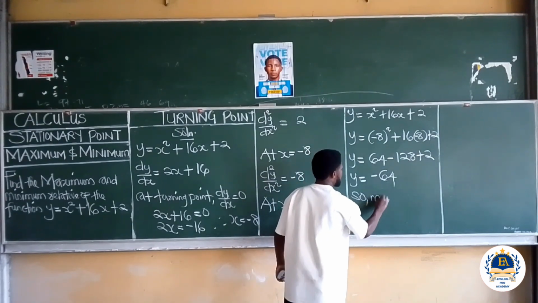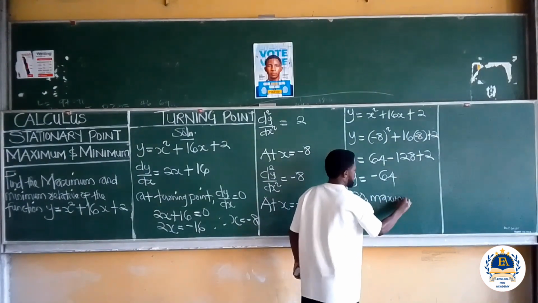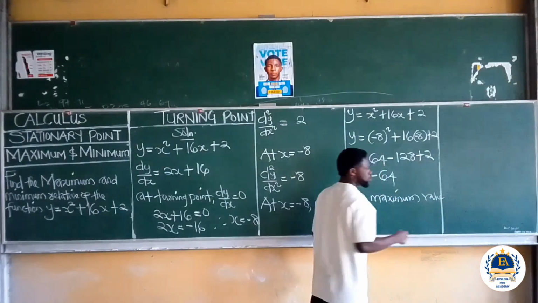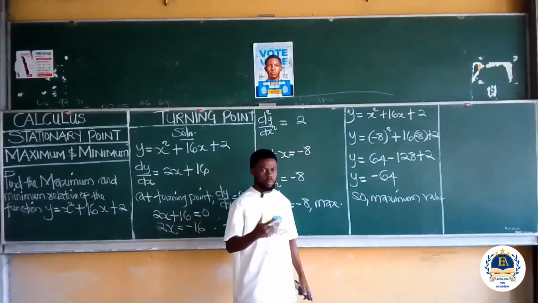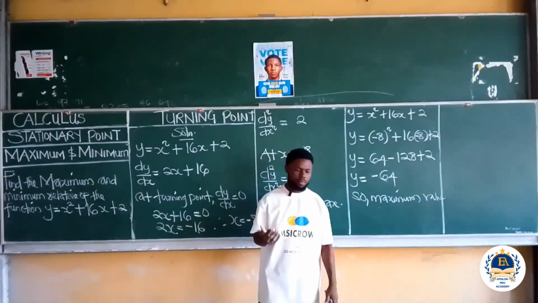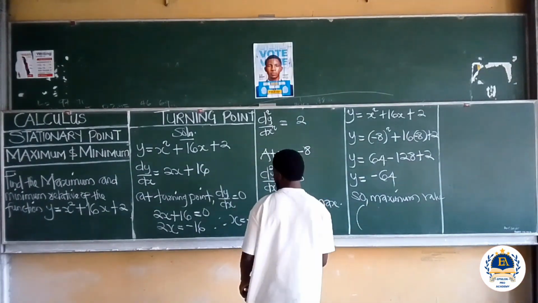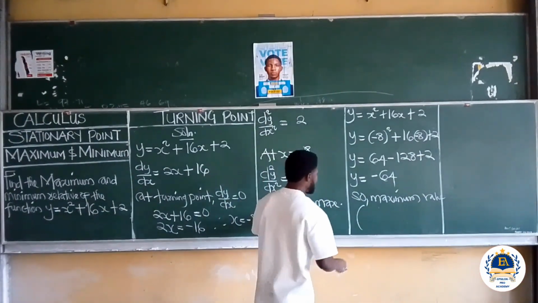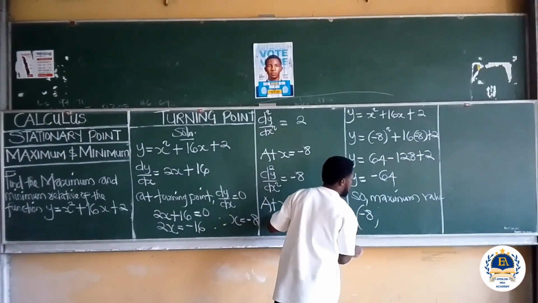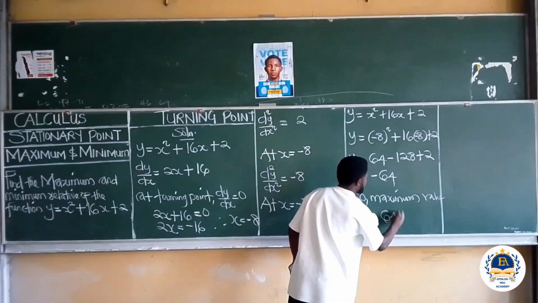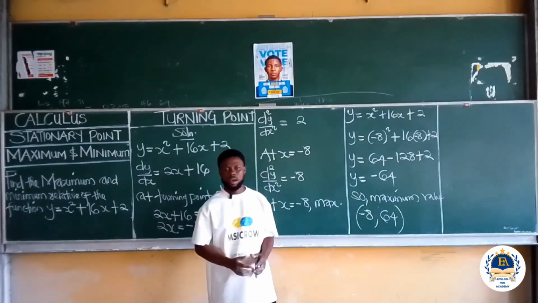So the maximum value or maximum point or relative maximum point or local maximum point is given as minus 8, comma, minus 64, which is the final result.